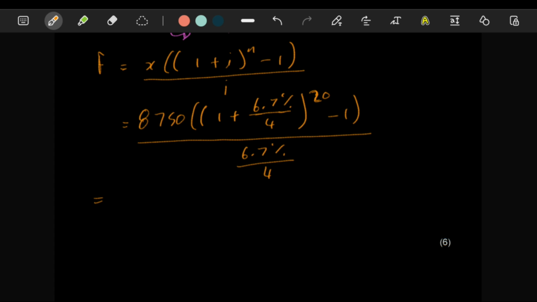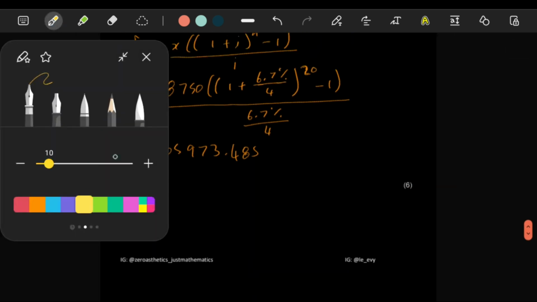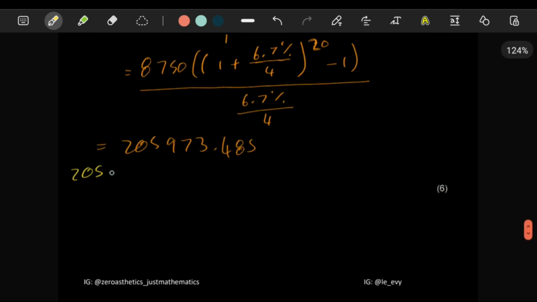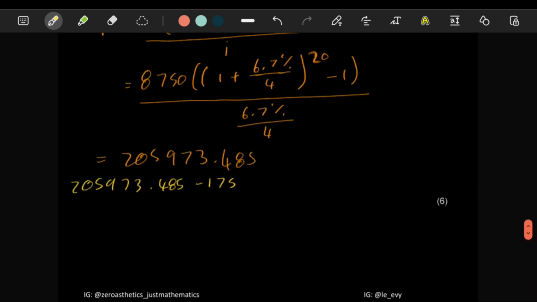Her money, according to the calculator, has accumulated to 205,973.485. This is not a final answer. So this is how much her shares have accumulated to. Let's see how much profit she made. This is how much she got at the end minus how much she spent, 175,100.